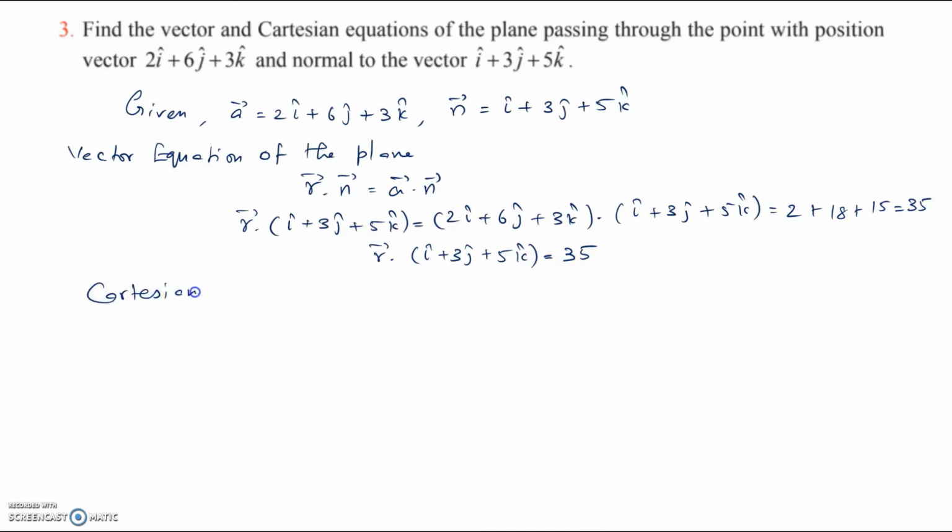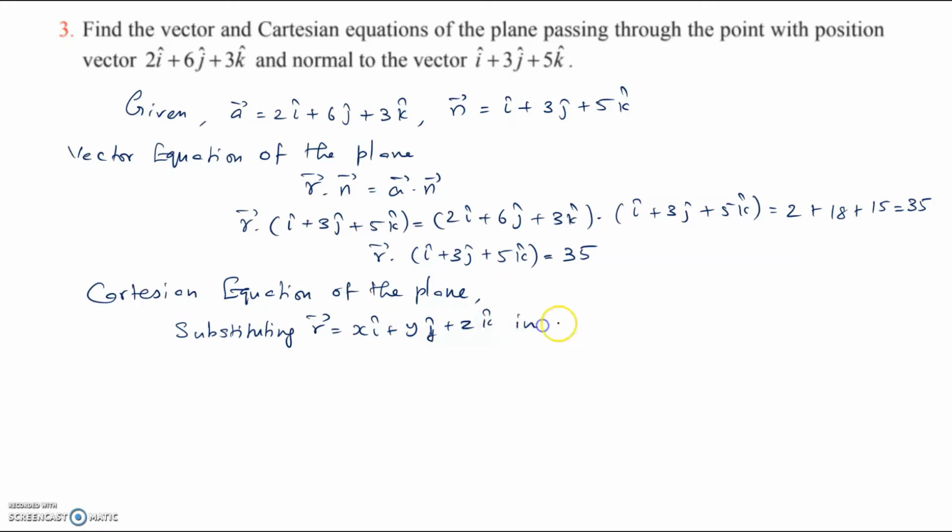The Cartesian equation of the plane, we substitute r vector equal to x i vector plus y j vector plus z k vector in the above equation.